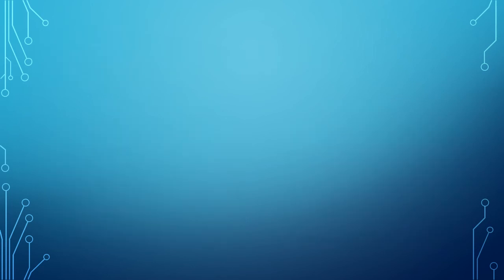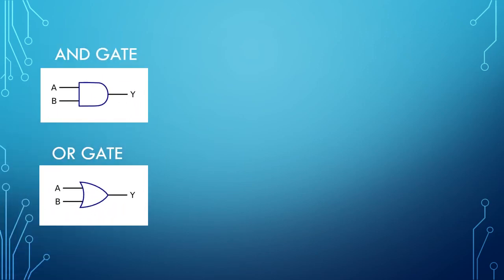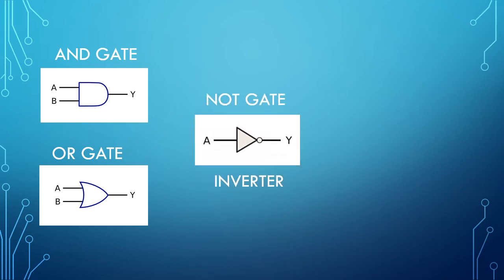So there you have it. Those are our first five gates. We've got the AND gate, where A and B will result in the light coming on. You've got your OR gate, where A or B will result in the output being true or on. Then we introduced the NOT gate, or the inverter, which acts like a set of normally closed contacts.